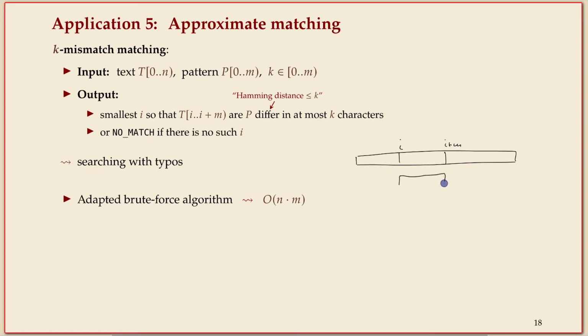If we align the pattern at a certain position with the text, we can just ask how many characters are equal, and if there's a mismatch, then we count. And whenever we found a position where there's fewer than k mismatches, we report this as a match.